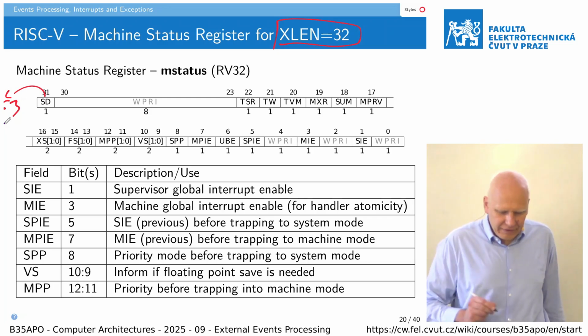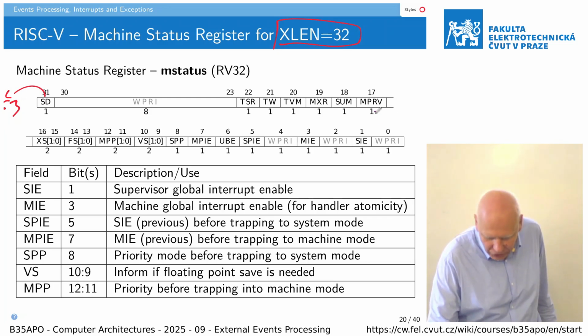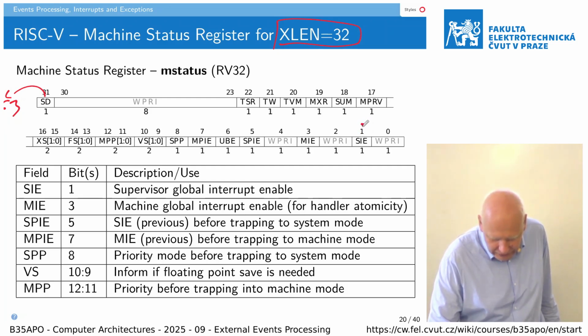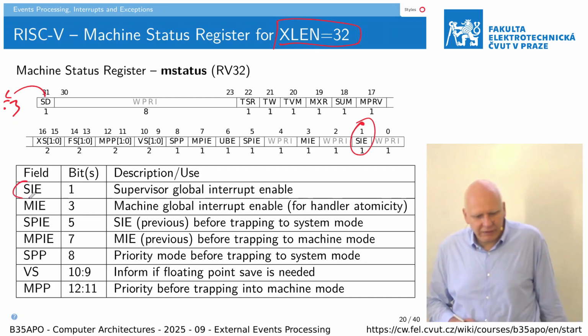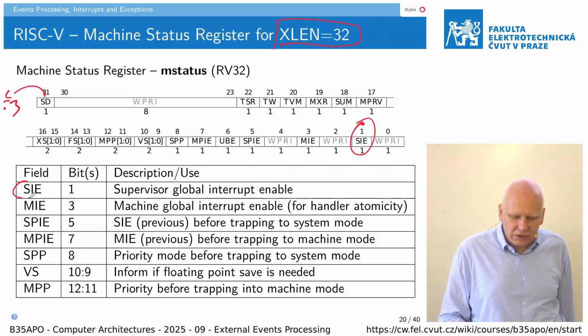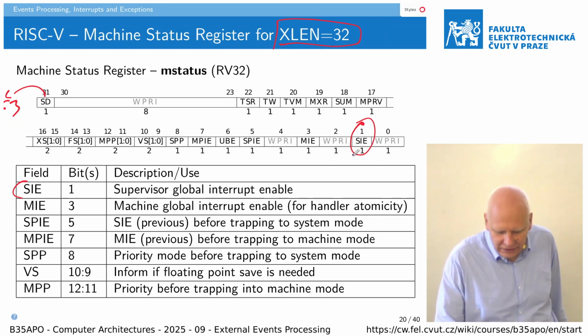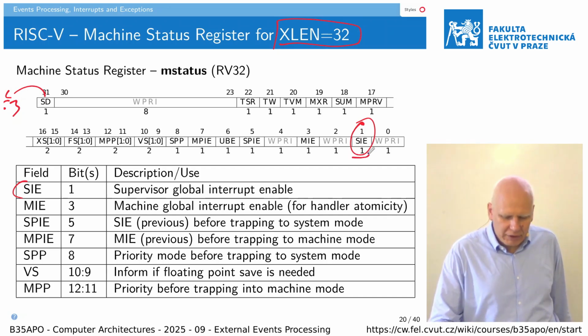And we will look at those initial bits which are important for us. The important one is the supervisor global interrupt enable. So even though we are in machine mode, we have there a copy of whether the interrupts in supervisor mode are enabled or not.